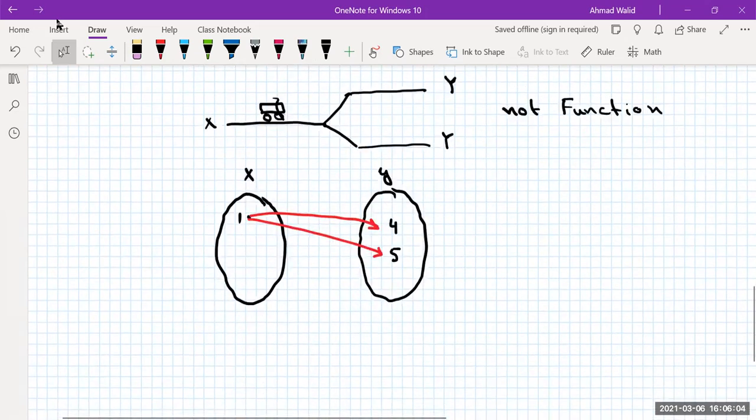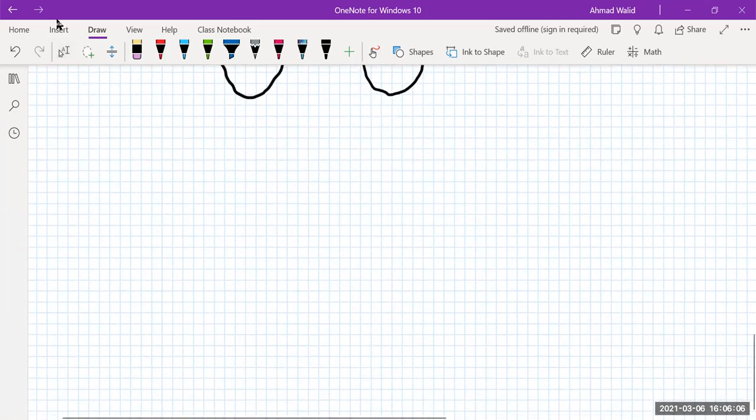Correct? Let's show it with examples. Example number 1. Determine whether each relation is a function. I'll copy this example from your book, example number 2, page 219.